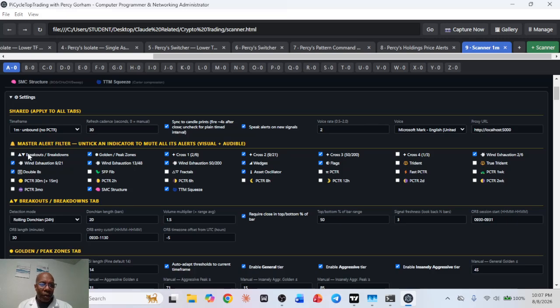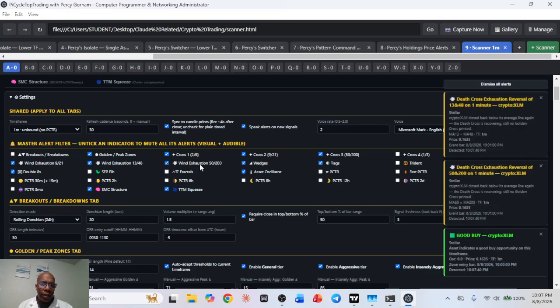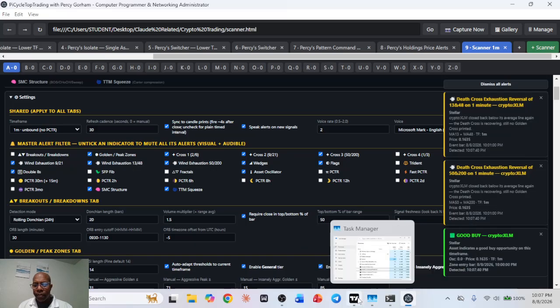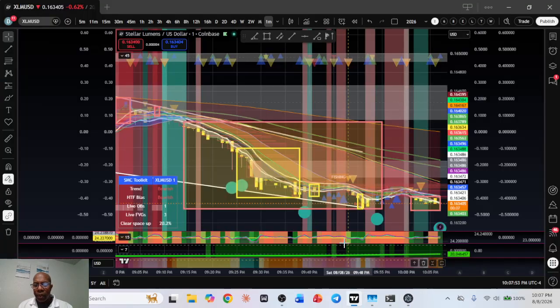We won't count the pi cycle top, 17 things, not including the PCTRs, 17 things. And we're going to increase that to 21 because within the exhaustion, exhaustion reversal.